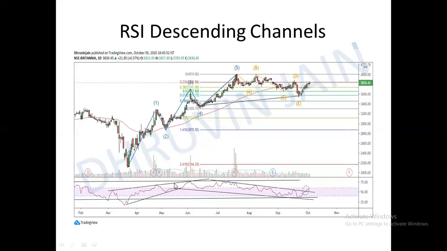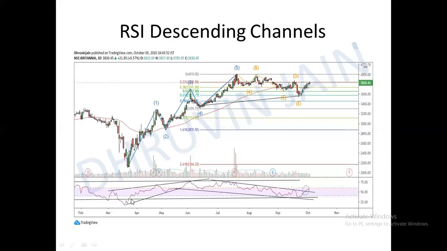This is also an upward trend, because in this position we can clearly see that RSI was in a downward trending range, that is the 60-20 range.